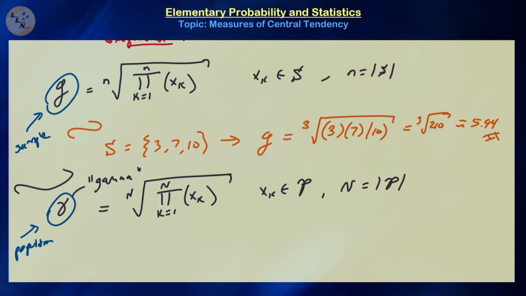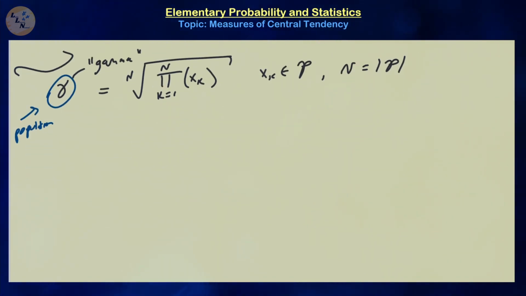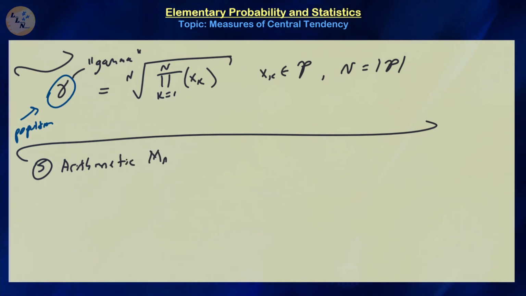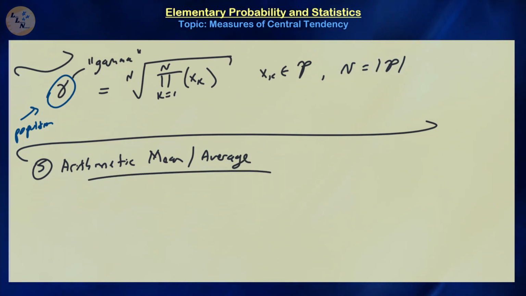And there's a long reason behind that, but I'm not going to get into it now. But usually when you're dealing with multiplicative processes, you're going to be dealing with a geometric mean. And when you're dealing with additive or subtractive processes, we're going to be working with the arithmetic mean, which is probably the most familiar to you. And that's sometimes just referred to as the mean or the average.